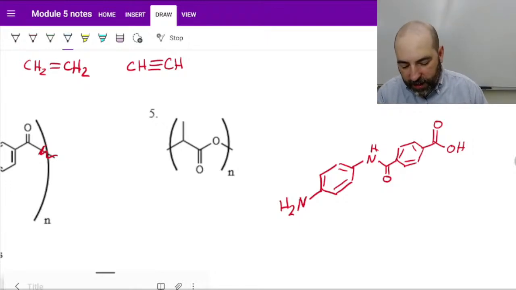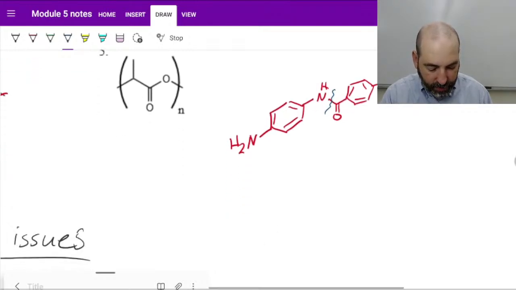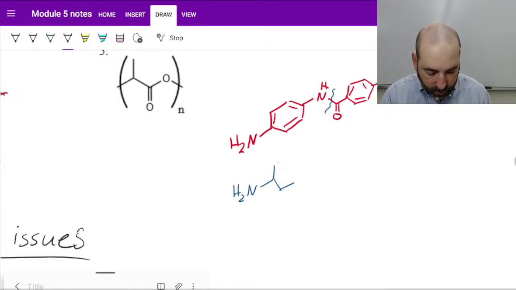But if you're looking carefully, you'll notice there's another amide bond right here. And so this actually is one of those polymers that is made from two different monomers. So we could really do the same thing again and break right here. So we could go, here is one molecule, and here's another one.